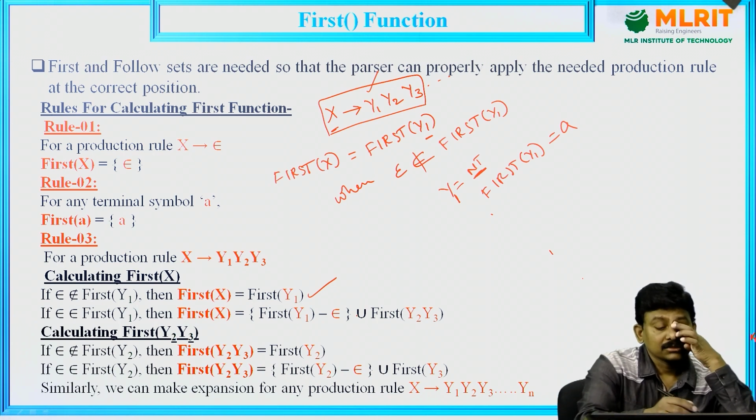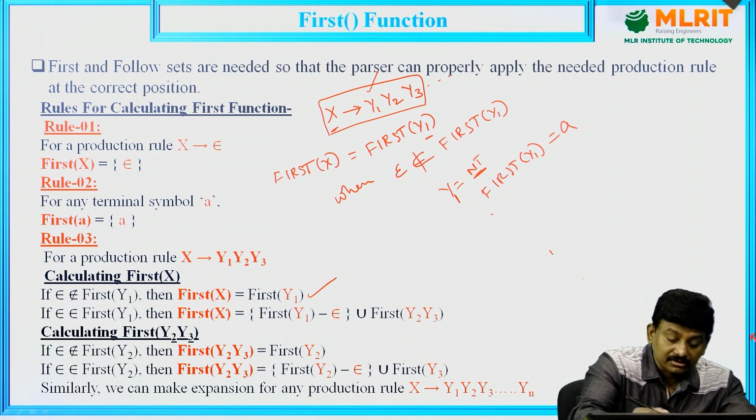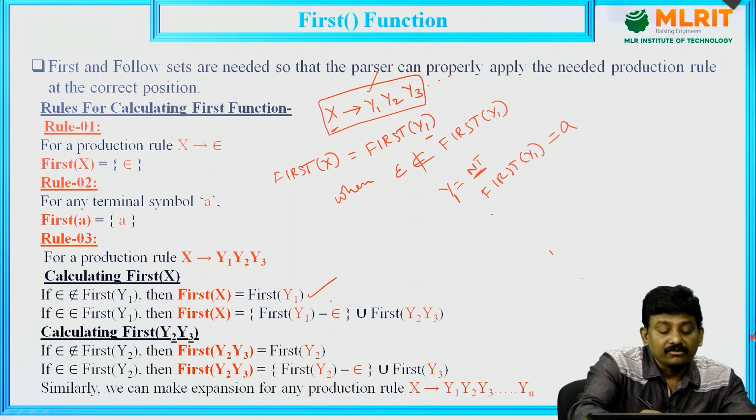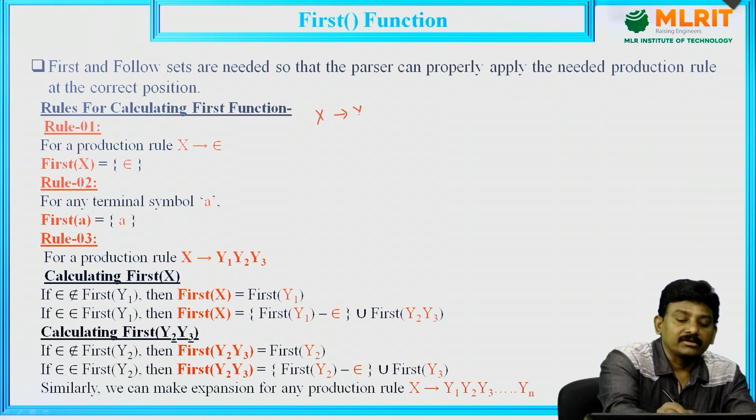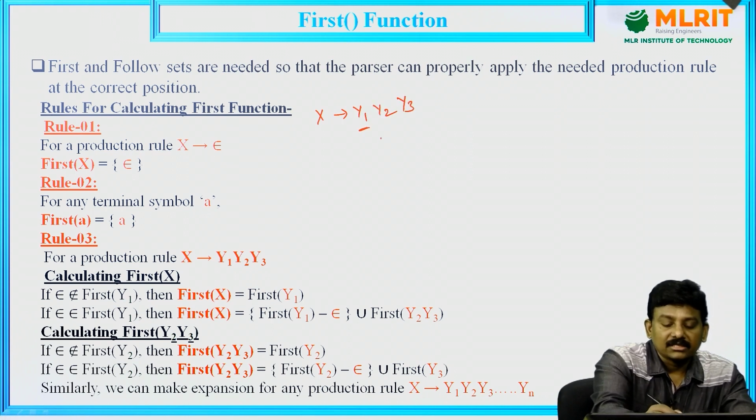If epsilon belongs to first of Y1, then first of X is first of Y1 minus epsilon, union first of Y2, Y3. X derives Y1, Y2, Y3. If Y1 is a non-terminal and Y1 derives epsilon, we have to go on to calculate first of Y2.